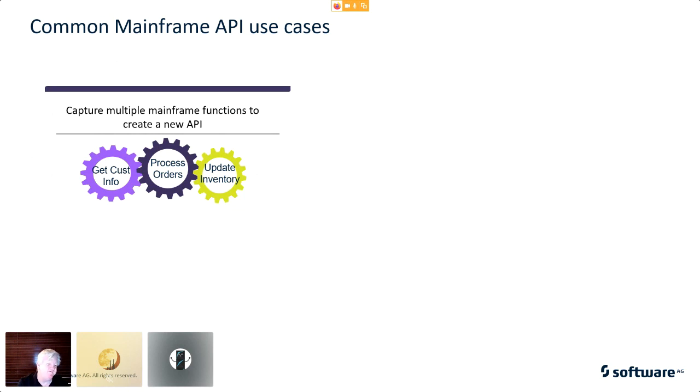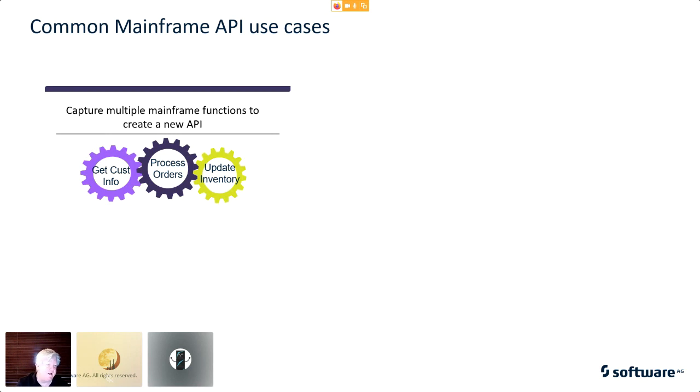I might have multiple different functions within a mainframe, multiple different screens that do something in a business process, but I might need to expose that entire business process out, again, for maybe a smartphone, mobile apps, those kinds of things. So I want to create multiple finely grained services, get customer info, process orders, and update inventory, and be able to publish that out as a single API.